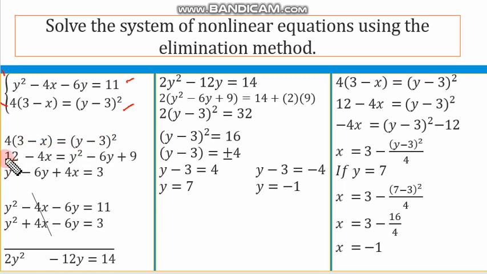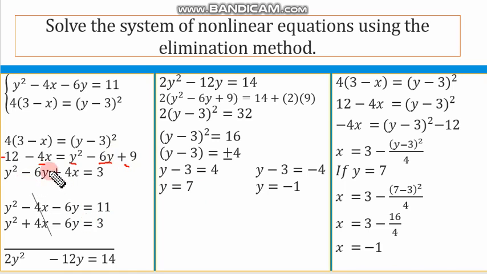So, 4 times 3 is 12. And then, 4 times negative x is negative 4x is equal to y times y is y squared, 2 times y times negative 3 is negative 6y, and negative 3 times negative 3 is positive 9.